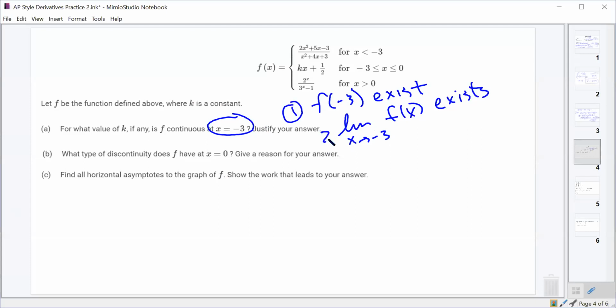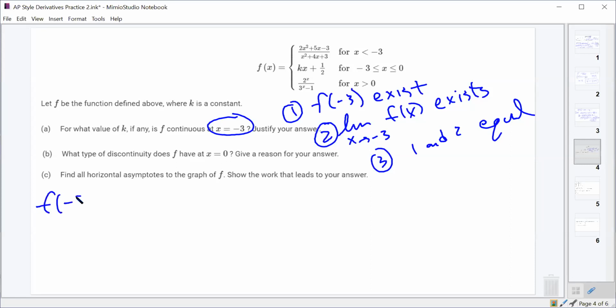So that's 1 and that's 2. And then the third criteria is that 1 and 2 are equal. Everybody good with that being the definition of continuity at a point? Yes. All right, cool.